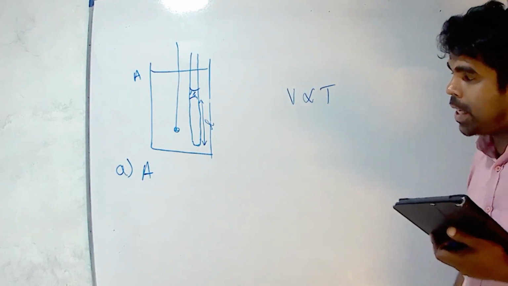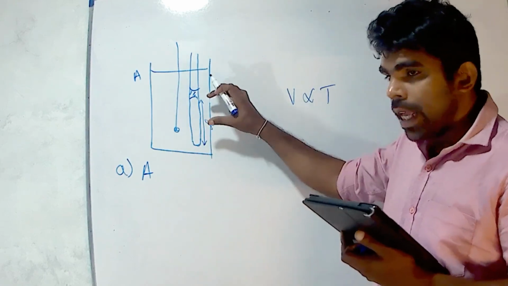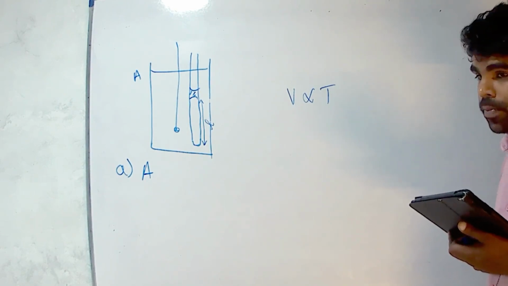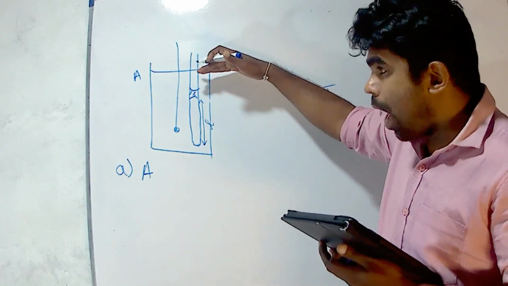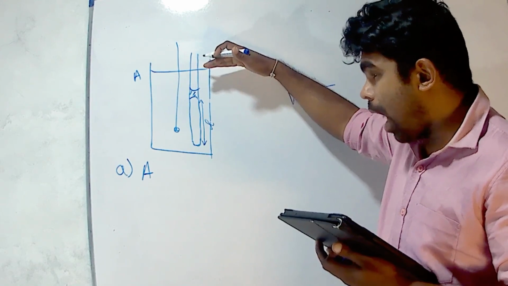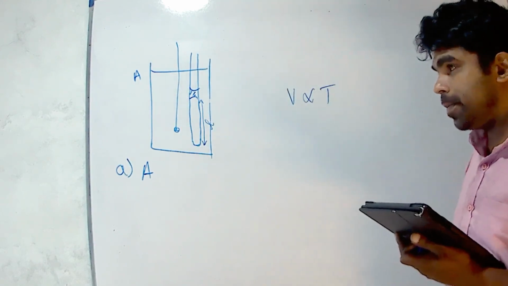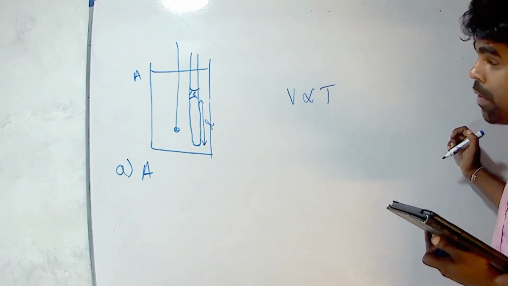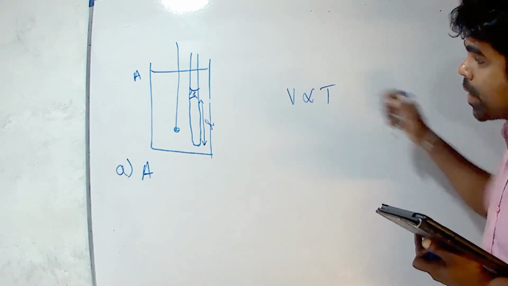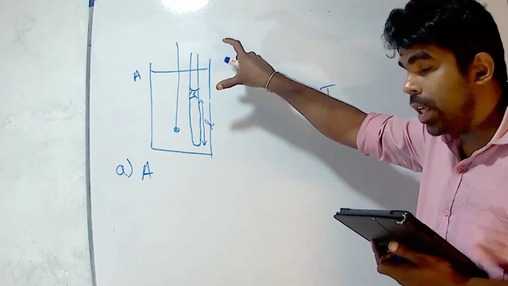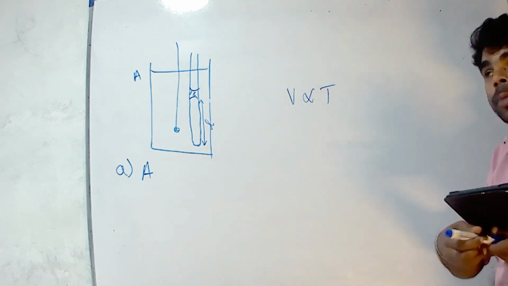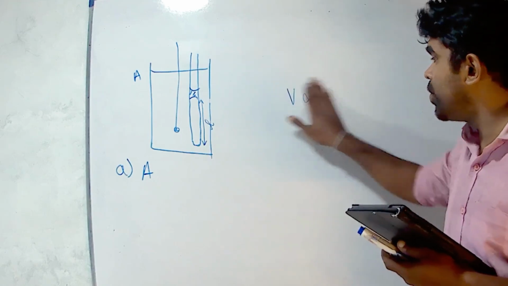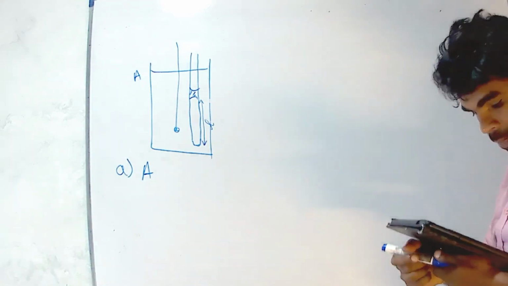When increasing the temperature of the system, the air column should expand. When the air column expands, it will move out of the water in the cylinder. Therefore, there will be an error in the reading. So we have to maintain the air column in water for the whole experiment. Therefore, we have to use the maximum water height we can use in the cylinder. Then the answer is level A.